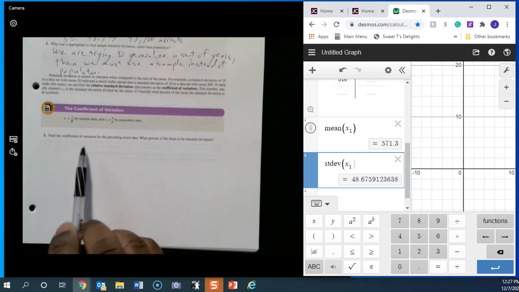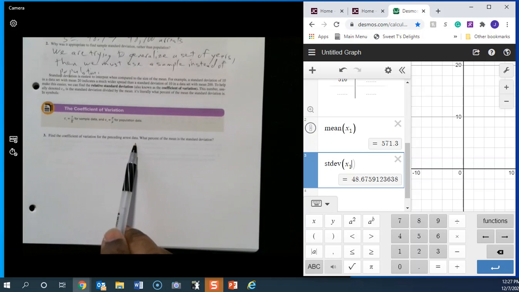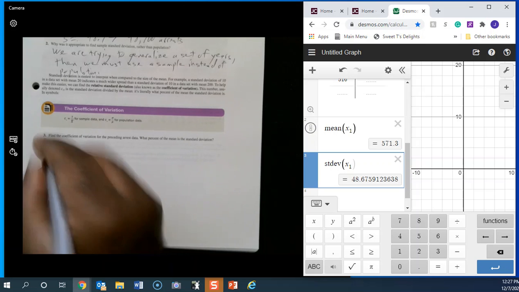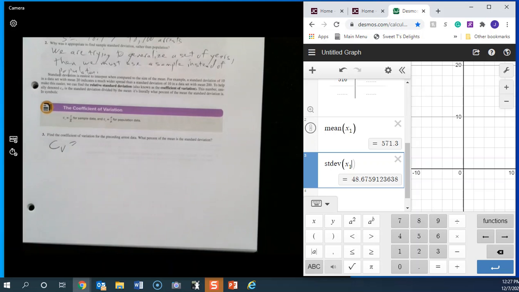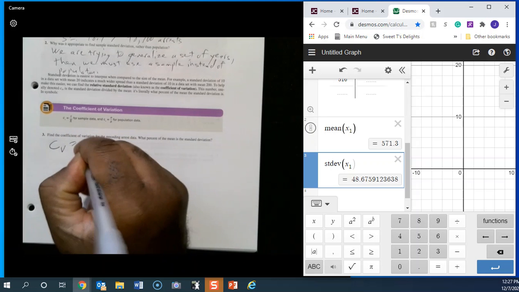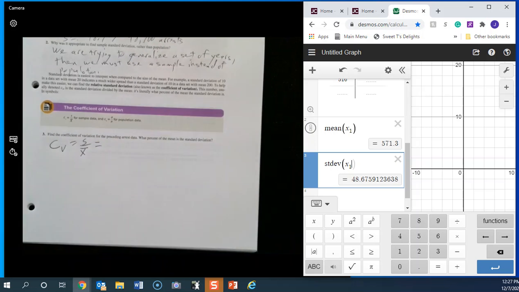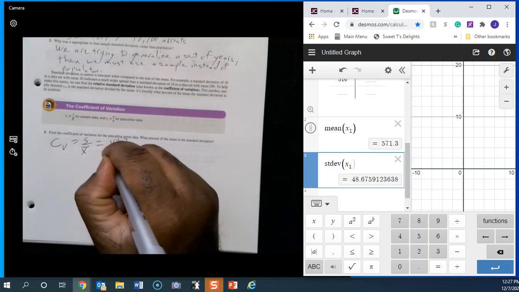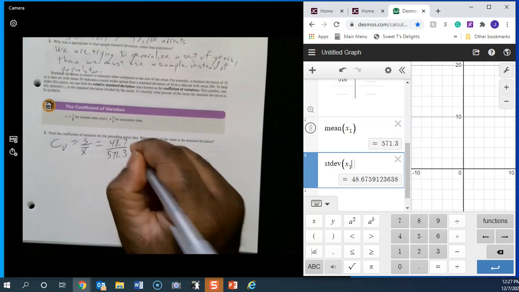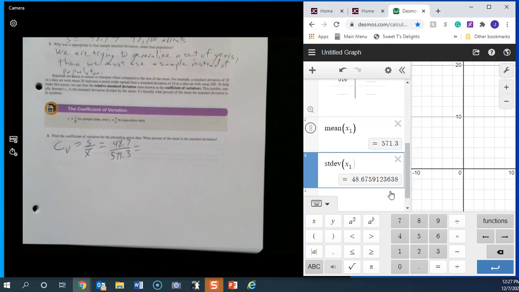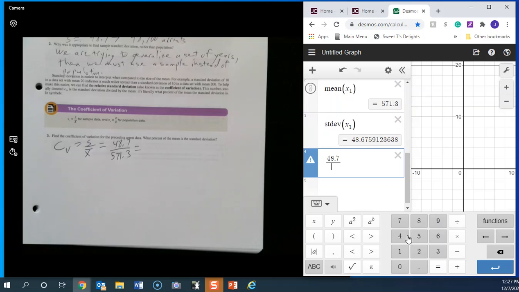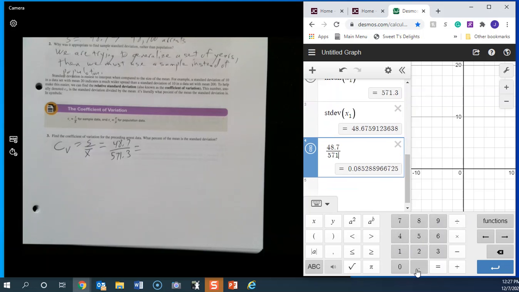So for 3, find the coefficient of variation for the preceding arrest data. What percentage of the mean is the standard deviation? So we have C of V is equal to s, because we know this is a sample, over the sample mean. So it'll be 48.7 all over the sample mean, which is 571.3. Now we can put this in our calculator. 48.7 divided by 571.3.